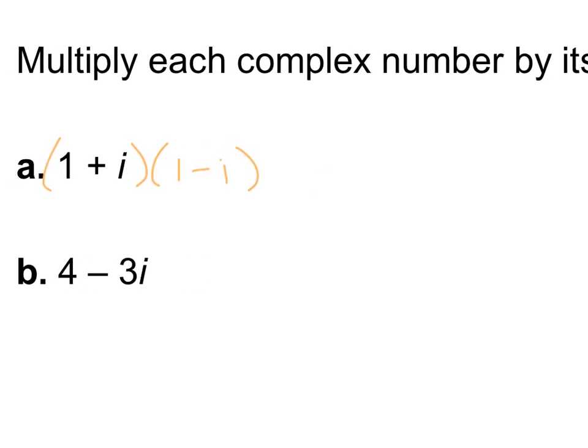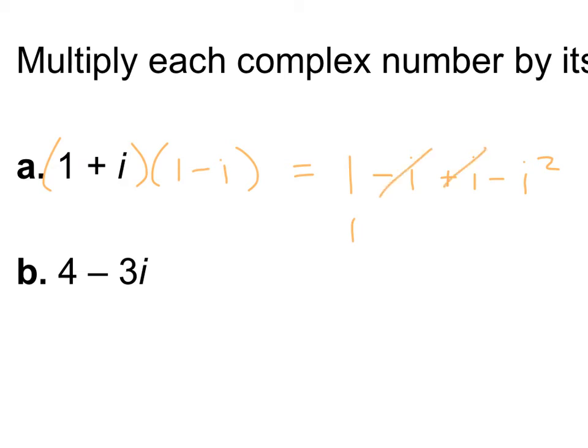So we have 1 times 1, which is 1. 1 times negative i is negative i. i times 1 is positive i. And i times negative i would be negative i squared. So this would be 1. Our i's in the middle cancel out.